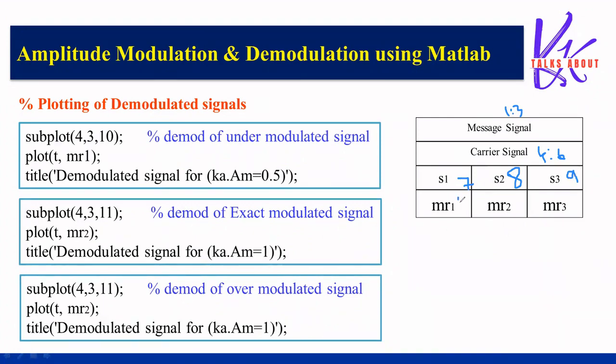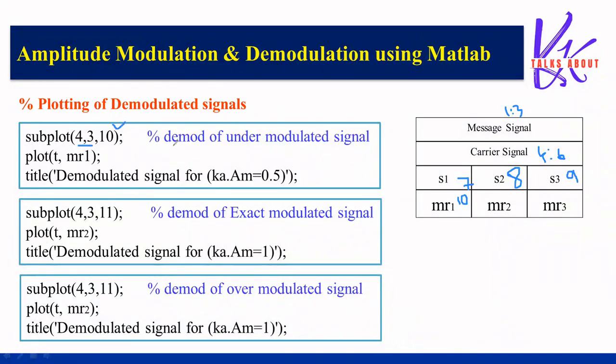And in the 10th place, that is the first column, last row, that is 10: subplot 4 comma 3 comma 10.